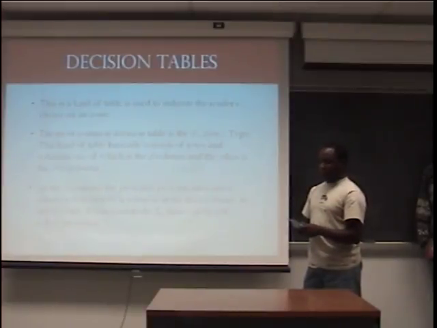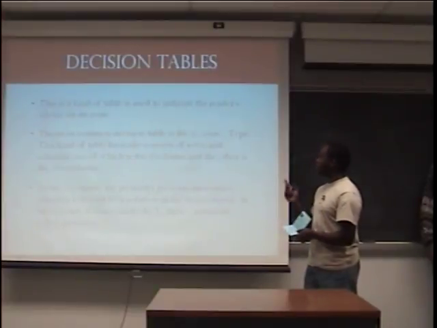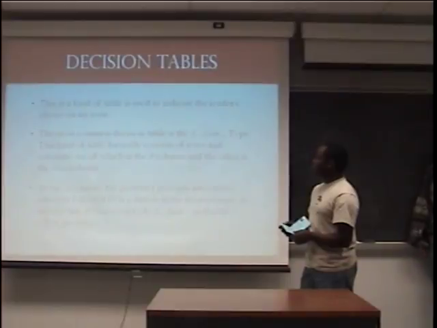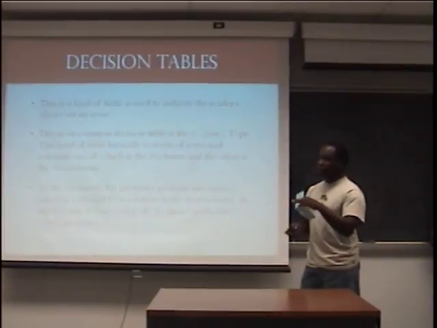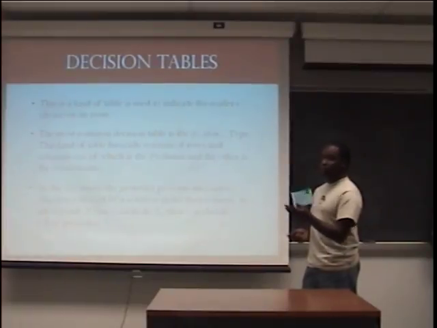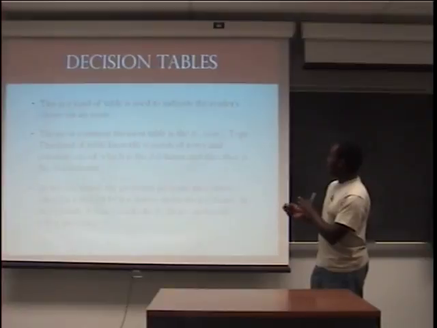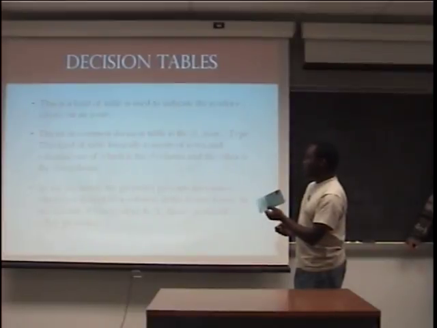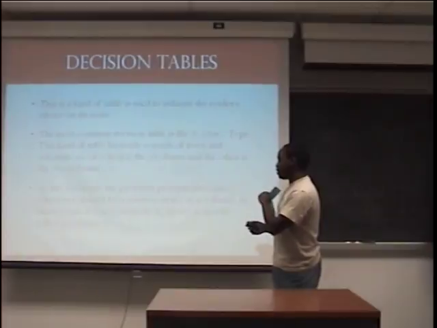Then we have different kinds of decision tables, but the most common of which is the if-then kind of table, where we basically have two columns, one of which is an if column, and the other is the then column.